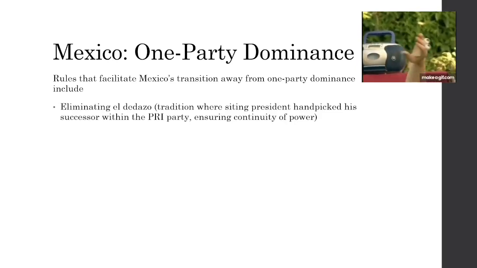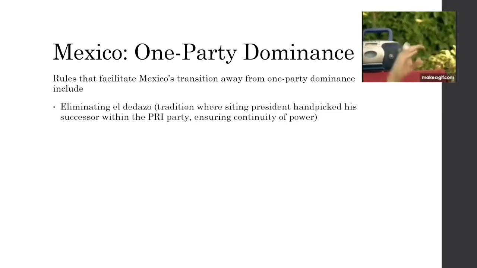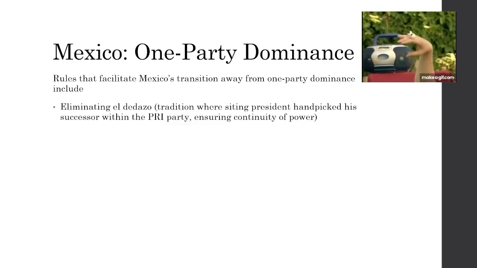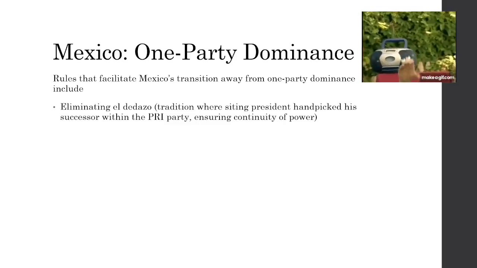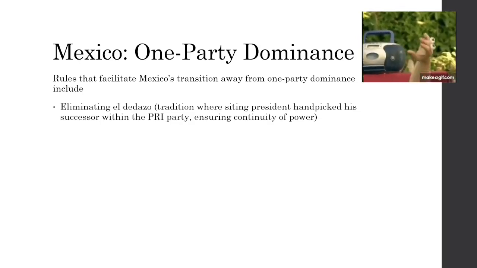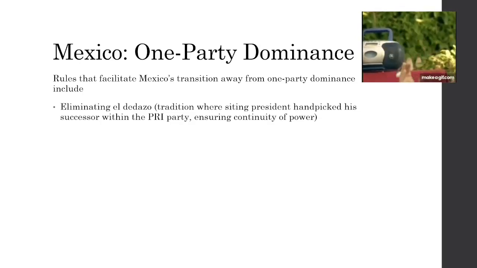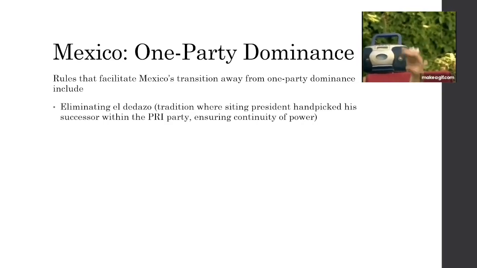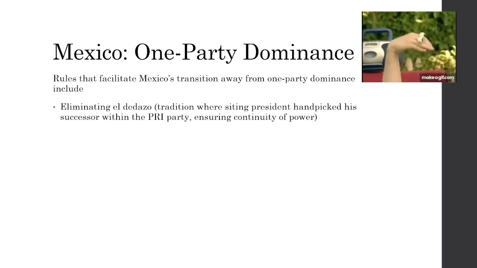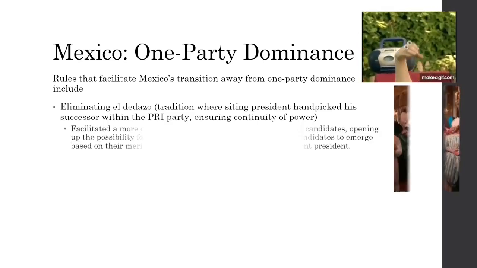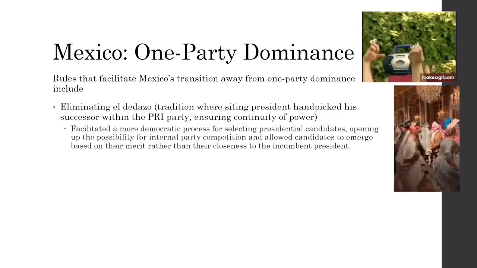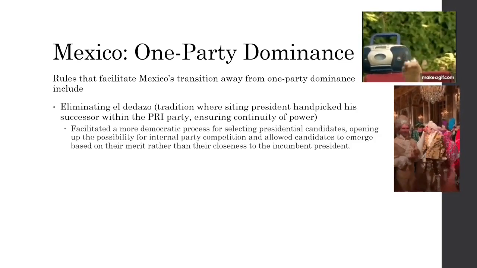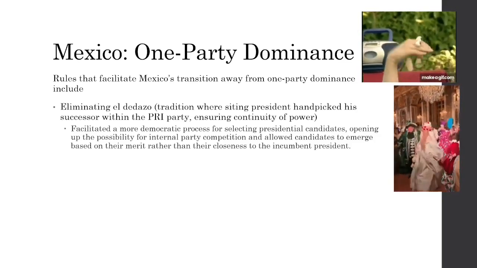So they've eliminated el dedazo, which is a tradition where the sitting president handpicked his successor within the party. Not an election, not a free, fair, competitive election. And this ensured continuity of power and the continuity of a one-party dominance. He handpicked him. That's why I put the little GIF here. And this facilitated a more democratic process for selecting presidential candidates, opening up the possibility for internal party competition.